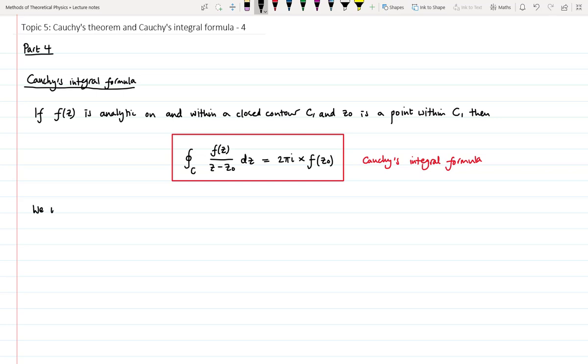We will make use of the deformation property resulting from Cauchy's theorem.